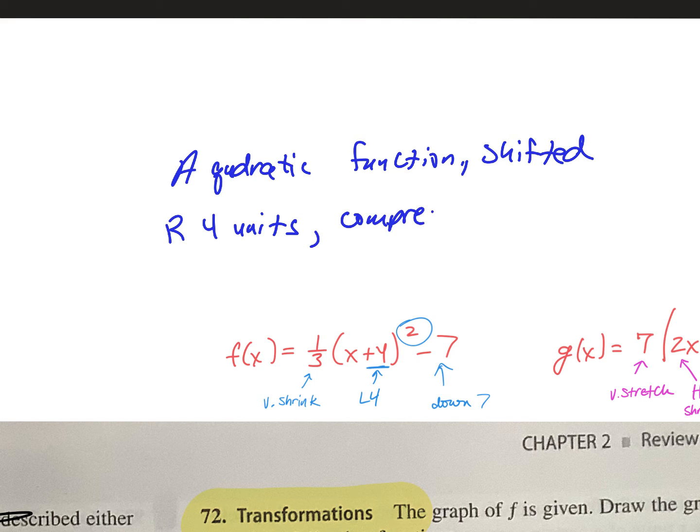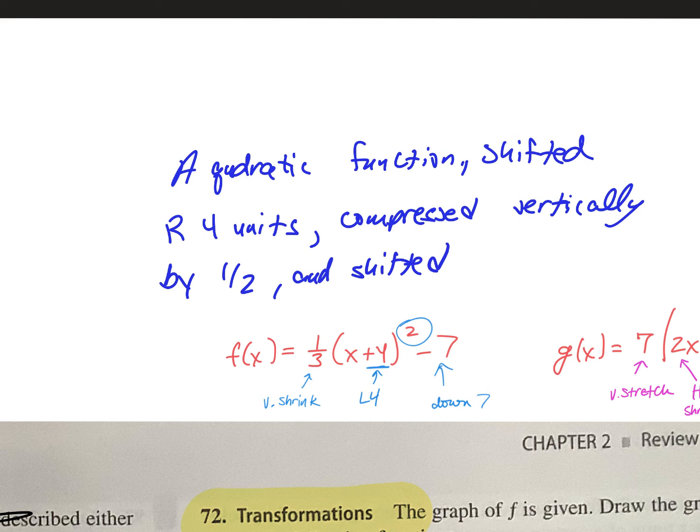Compressed vertically. Does that just mean a vertical shrink? By 1/2. And shifted up 7 units. And I asked you to write that.